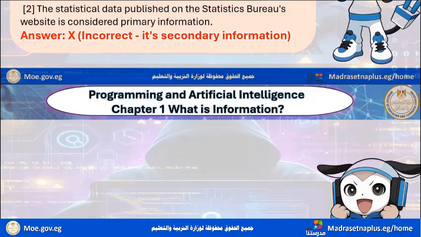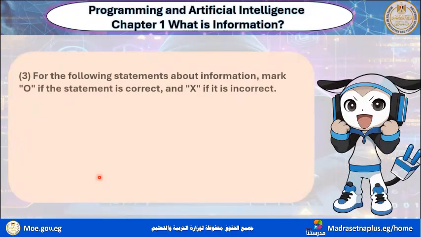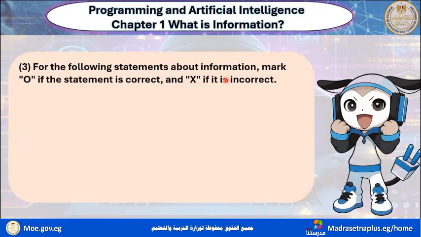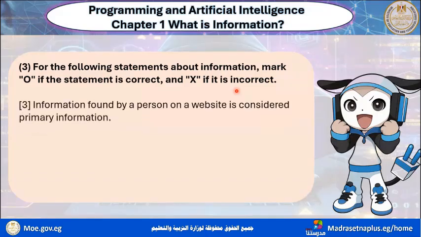Question after that, for the following statements about information, again, mark O if the statement is correct and X if it's incorrect. Well, information found by a person on a website is considered primary information.